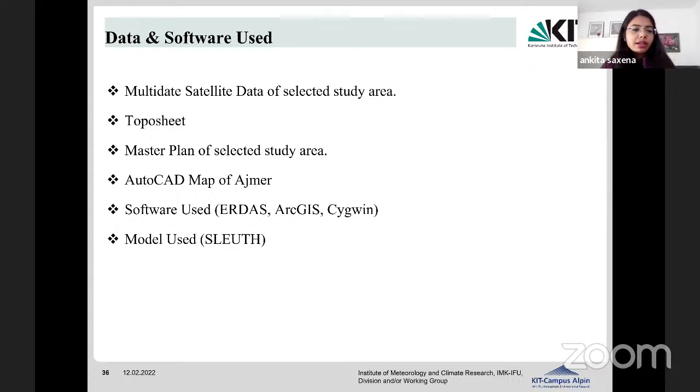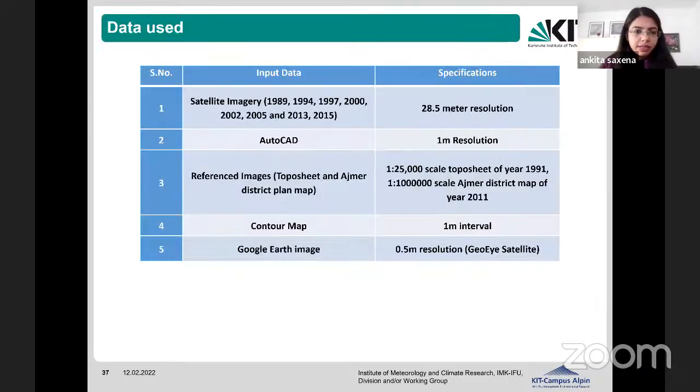Software we used: ERDAS, ArcGIS, and Cygwin, because the SLEUTH model is a Linux-based model, and I was running it on Windows, so Cygwin was used as an emulator.